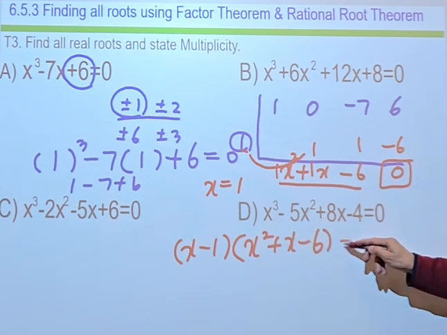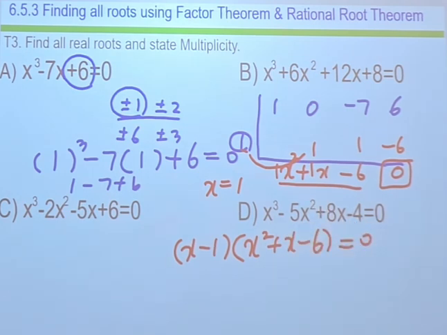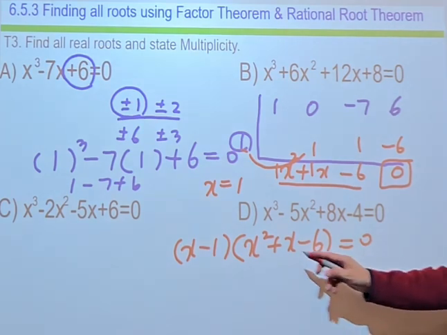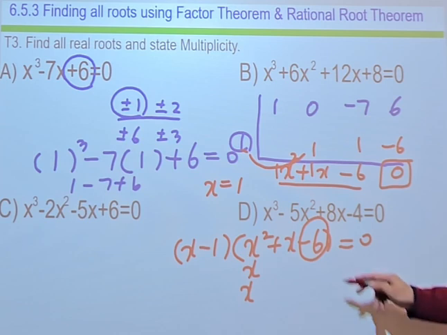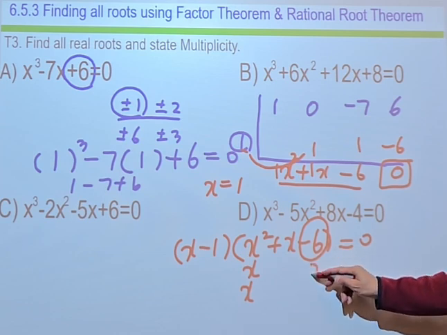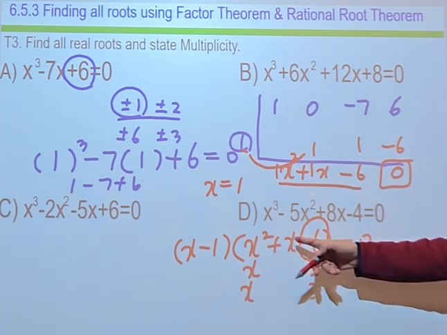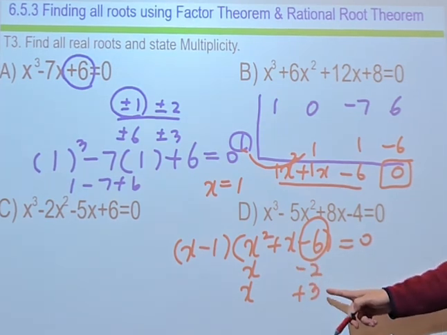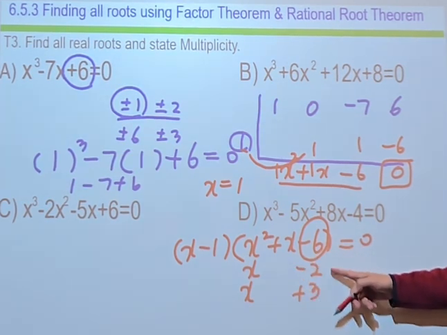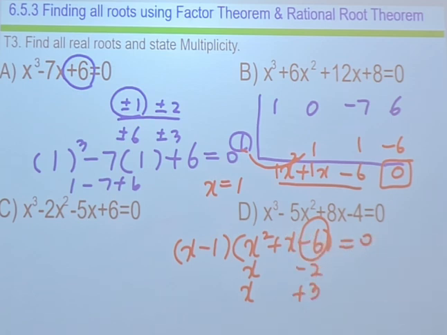Because it's a quadratic, you can factor it. If you cannot, then you can use the quadratic formula. So what are the factors of negative 6? 1 and 6, but I'm going to use 2 and 3. Why? The difference is 1. So plus 1, minus 2, plus 3: multiplying gives minus 6, adding gives plus 1.